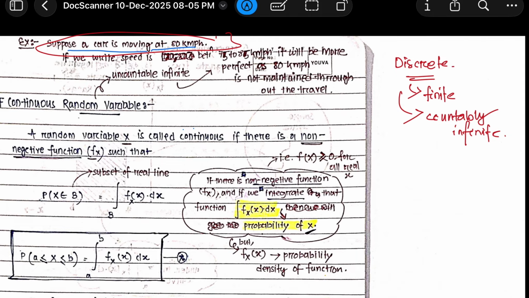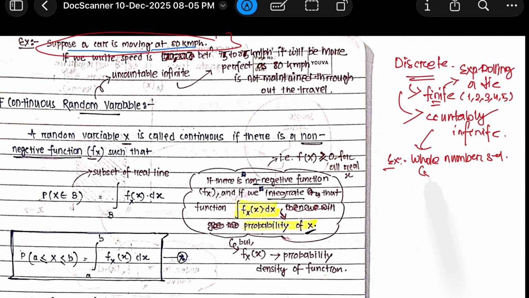For the finite case, an example is the experiment of rolling a die, which has outcomes 1, 2, 3, 4, 5, 6. For the countably infinite case, you can think of the whole number set, which starts from 0, 1, 2, 3, 4 and goes up to infinity. But these numbers are countable.